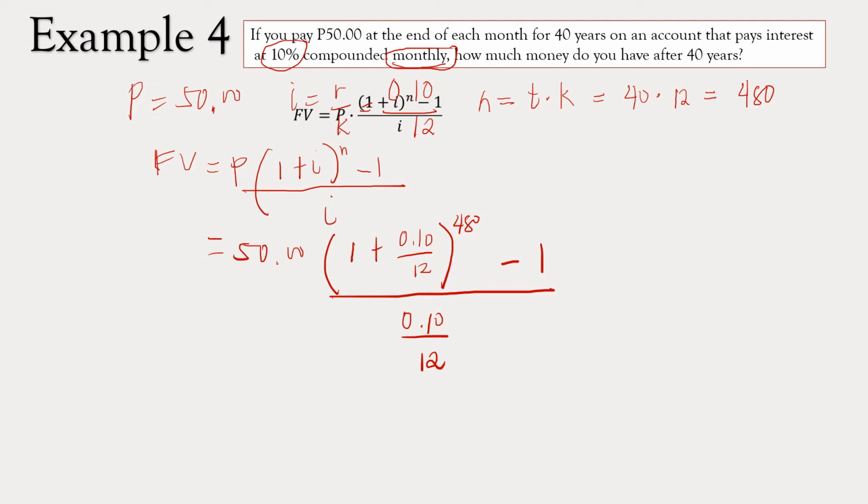Tapos, raised to 480 minus 1, divided by 0.10 over 12. Tapos, saka ka ngayon magmumultiply sa 50 pesos. So, what we have is equal to 316,000.